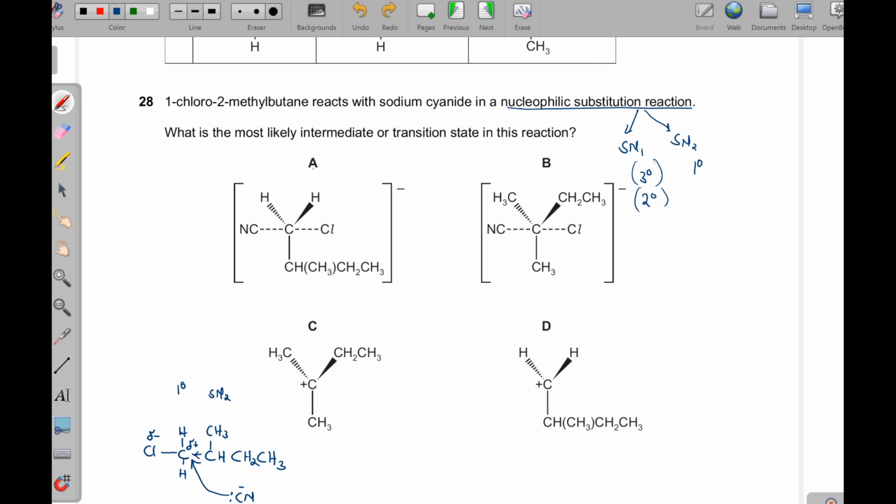But we leave this bond here, there is a hydrogen here, a hydrogen here, and a new bond being formed for the cyanide. Now this bond that is going to be broken for chlorine, we make it dotted. Then let's write this other group, CH2, then CH3.